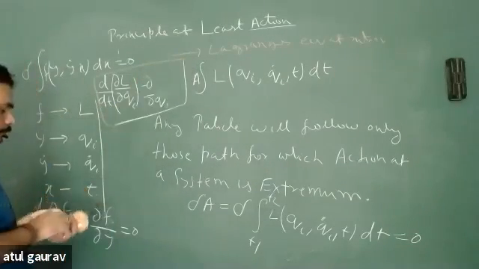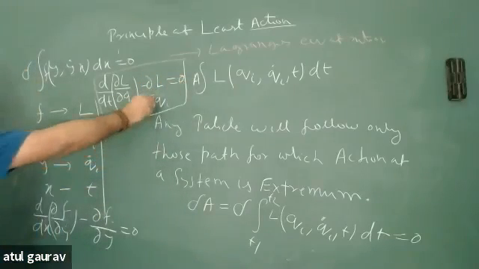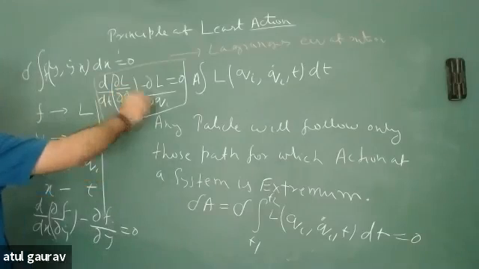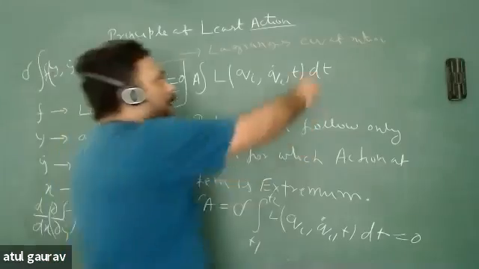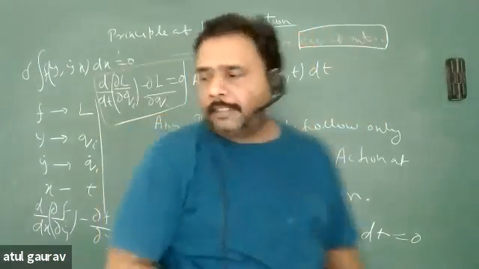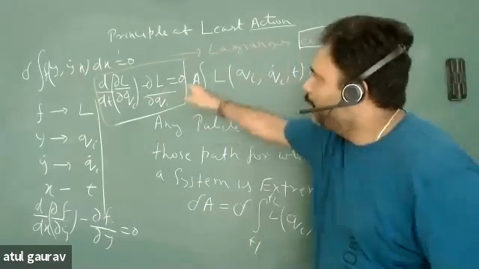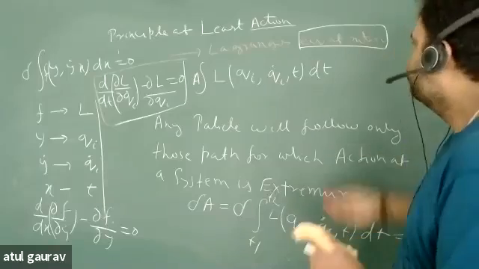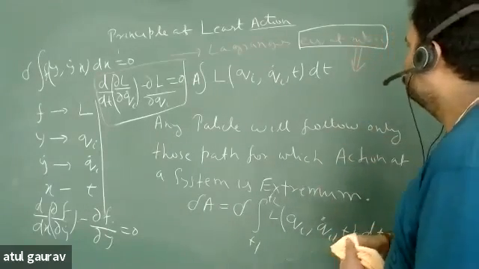Here is qi dot, here is qi, and this is known as the equation of motion. Hence, I need this to behave like an equation of motion, meaning this must be equivalent to Newton's law.